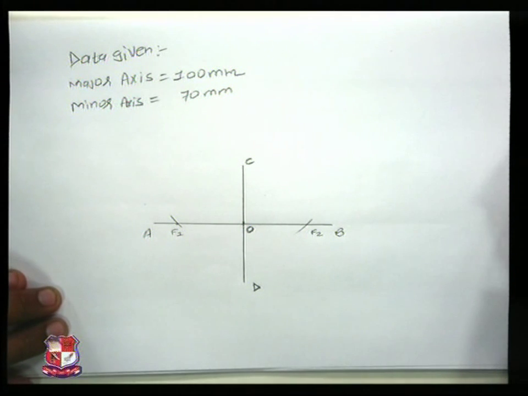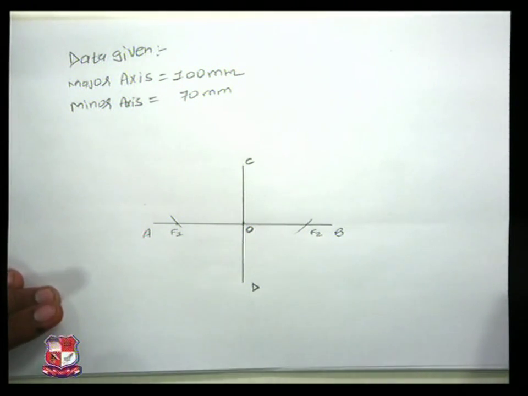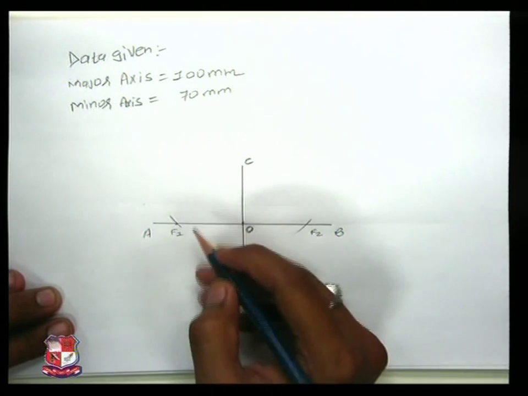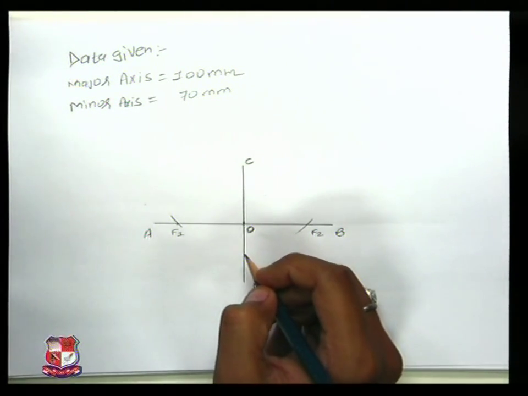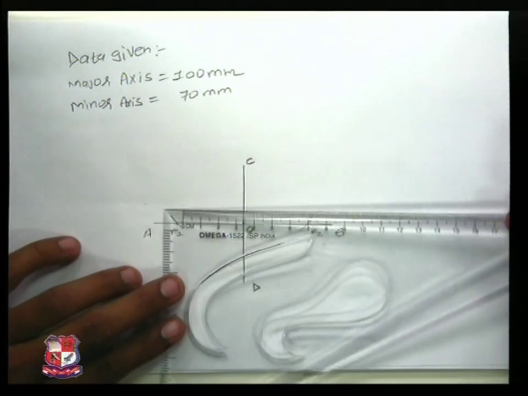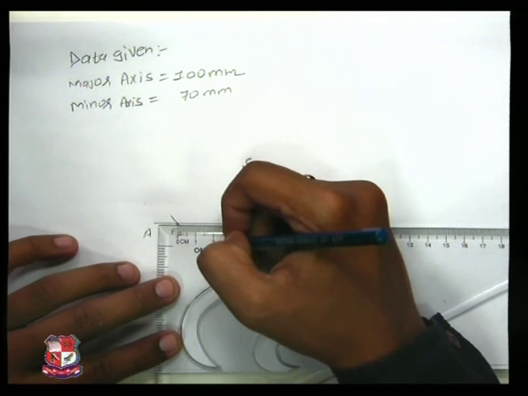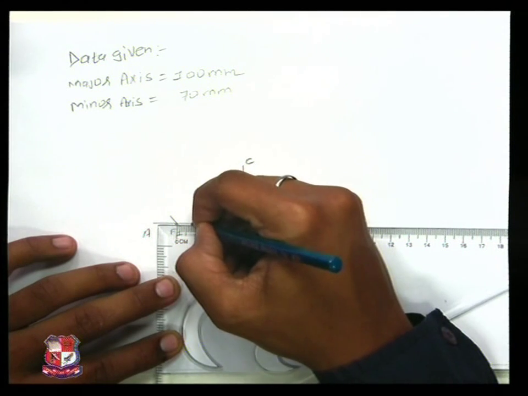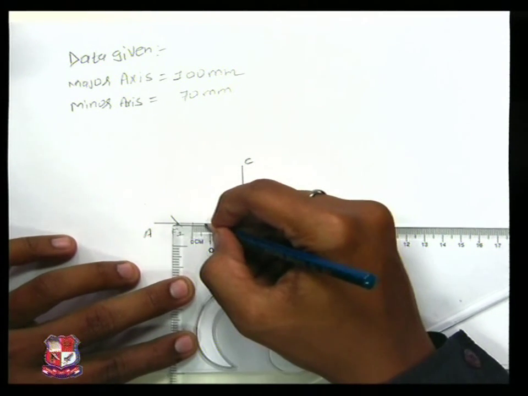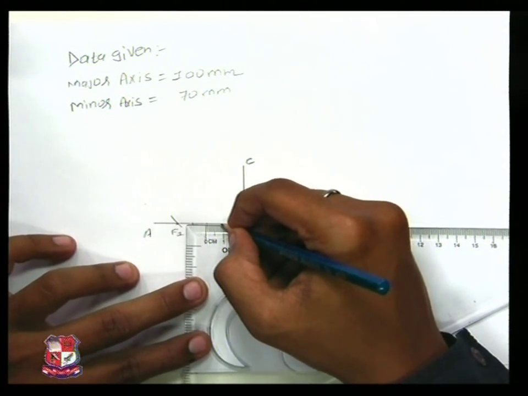We can divide it into 5 equal parts, 10 equal parts, whatever is suitable. Now we'll divide this OF1 into 5 equal parts, eight mm division each.